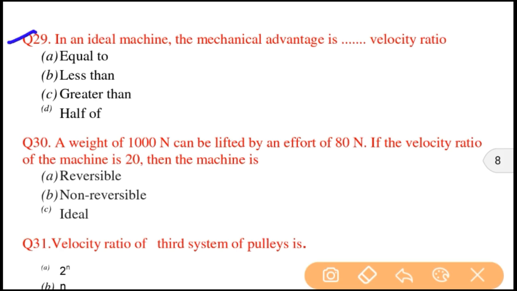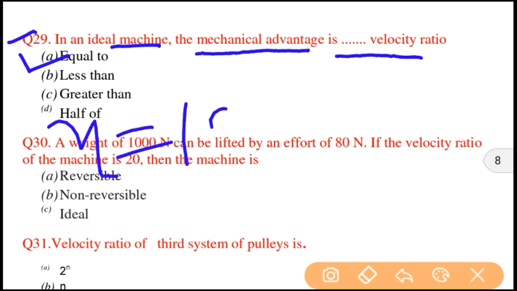In the next question, in an ideal machine, the mechanical advantage is dash velocity ratio. The mechanical advantage and the velocity ratio for an ideal machine are equal, because an ideal machine means efficiency will be 100%.